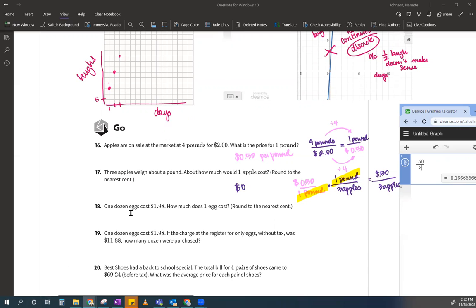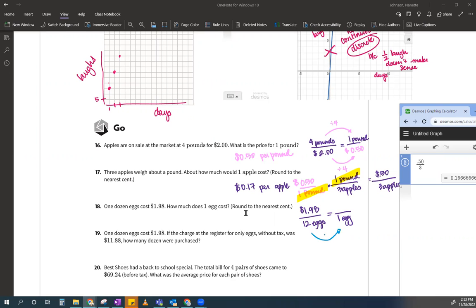Okay. And then it says 1 dozen eggs cost $1.98. How much does 1 egg cost? So it's $1.98 for 12 eggs, right? And then I want an equivalent fraction just for 1 egg. So I'm going to divide by 12 to get to 1 egg.